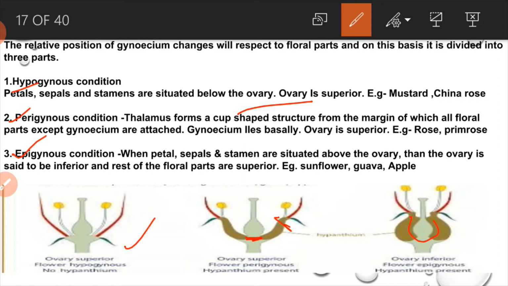As a result, only the style and the stigma of the pistil are seen along with the other floral parts. Such kind of condition is said to be epigynous. For example, in sunflower, guava and apple.